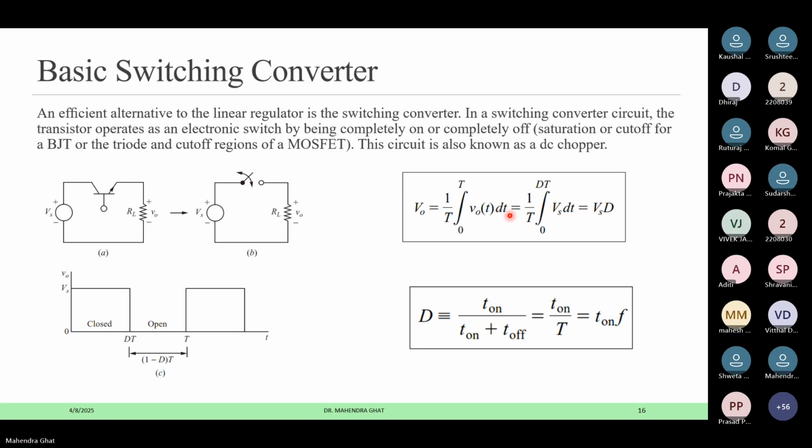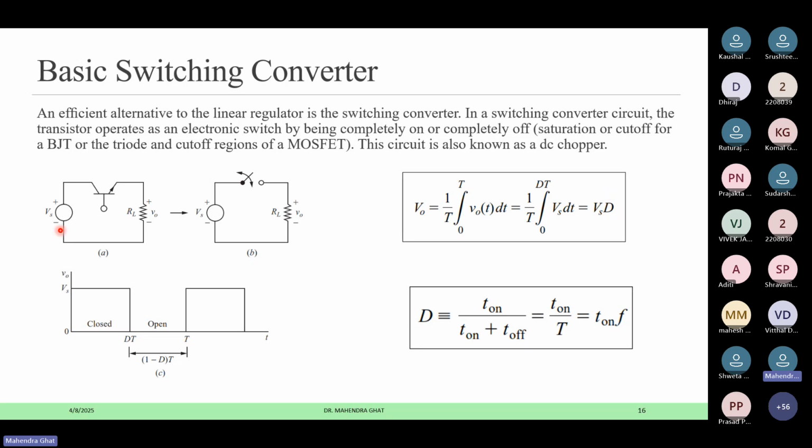VO of t is Vs for the DT time and 0 for the remaining 1 minus D times T. So 1 by T, integral from 0 to DT of Vs dt, because for this time we have Vs, and for the rest it is 0, so that part you can ignore. If we integrate this, you will get Vs into D. So this is the output voltage.